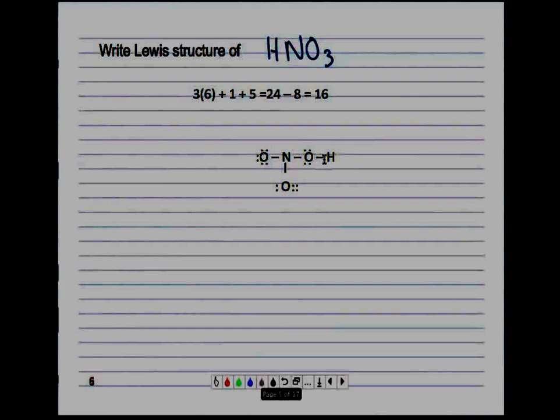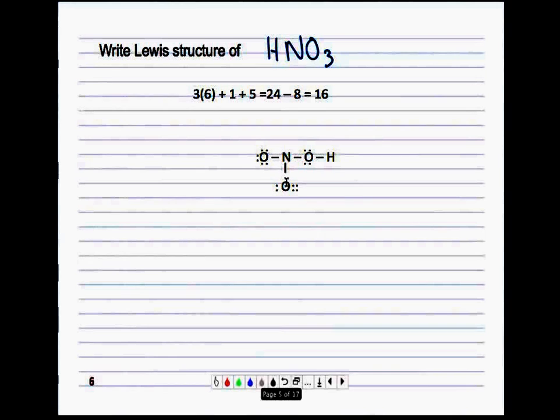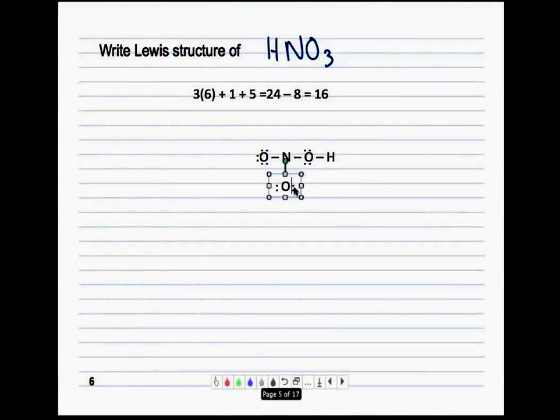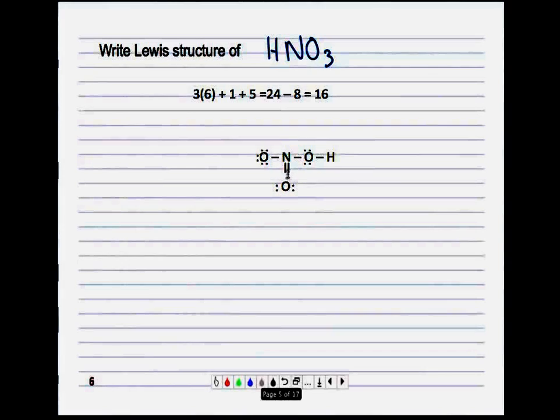So I know that the nitrogen needs more, so I'm going to borrow either from this oxygen or from this oxygen, 2 lone pairs to the nitrogen, and that's the structure of HNO3, which is an oxo acid.